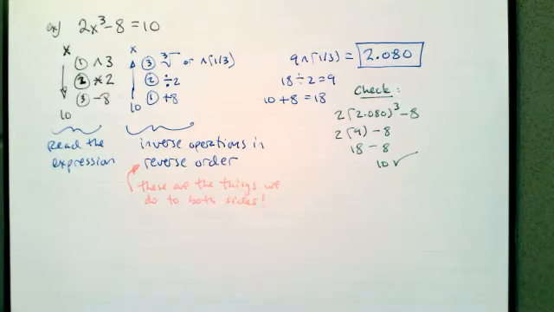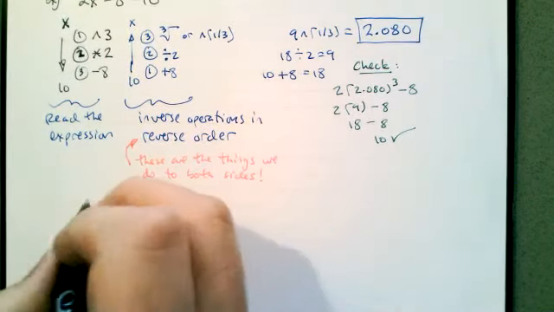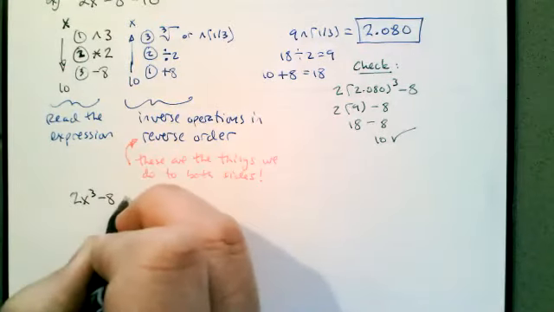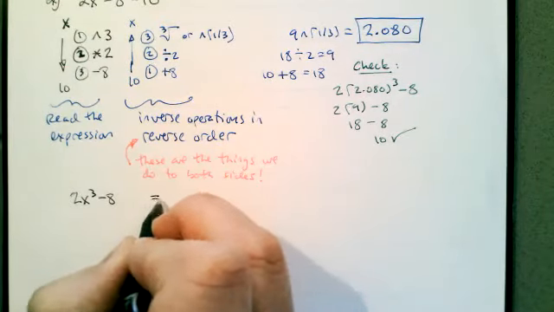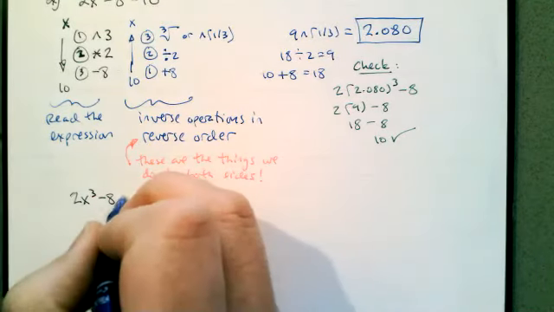So for those of you coming from the strategy of do the same thing to both sides of the equation, these are the things that we're going to be doing to both sides of the equation. If I start off with 2x cubed minus 8 equals 10, the first thing that we do to both sides is add 8.